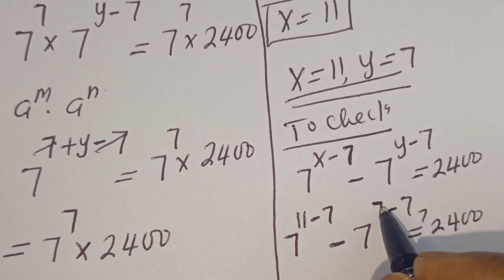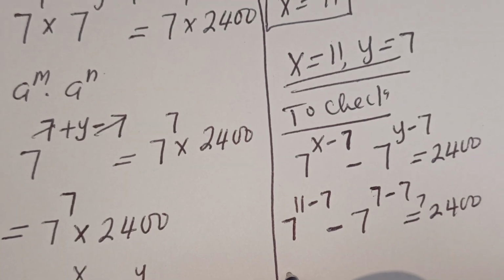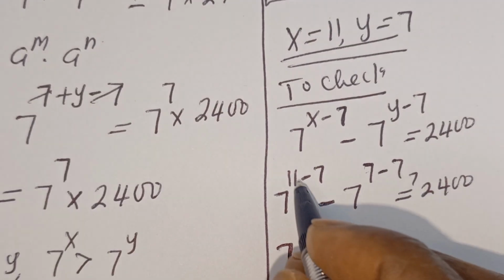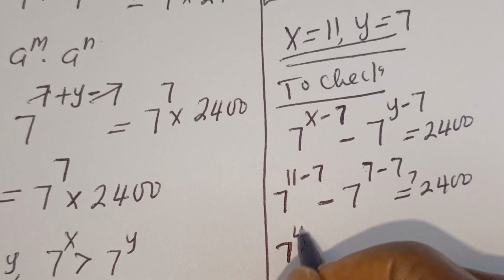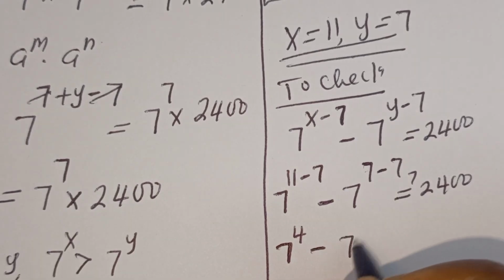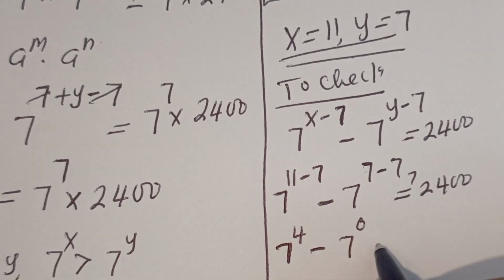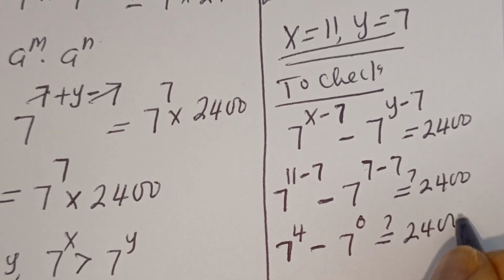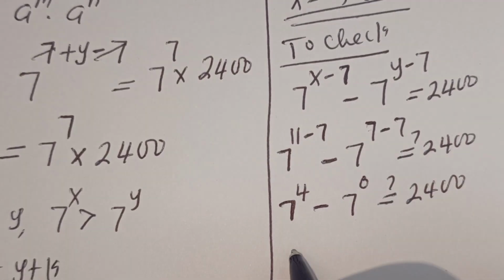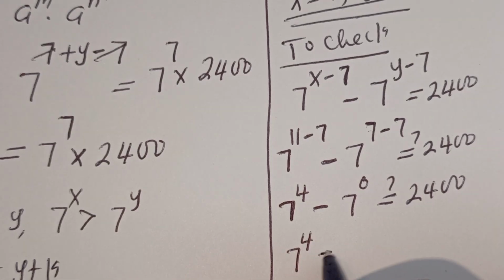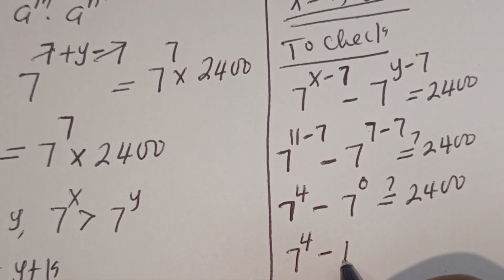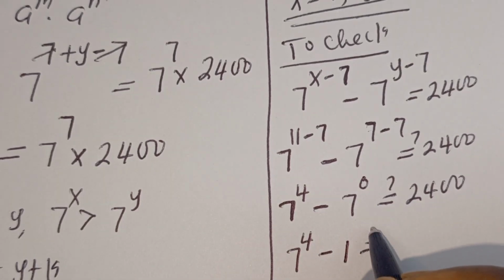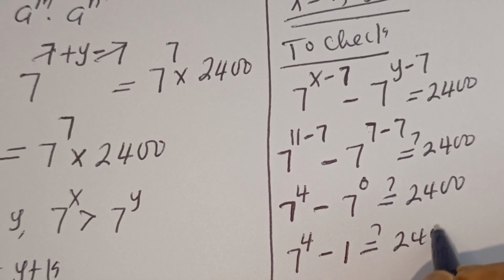So now here we have 7 to the power of 11 minus 7, that is 4, minus 7 to the power of 7 minus 7, 0, must be equal to 2400. Then here we have 7 to the power of 4 minus 7 to the power of 0, which is 1, must be equal to 2400.